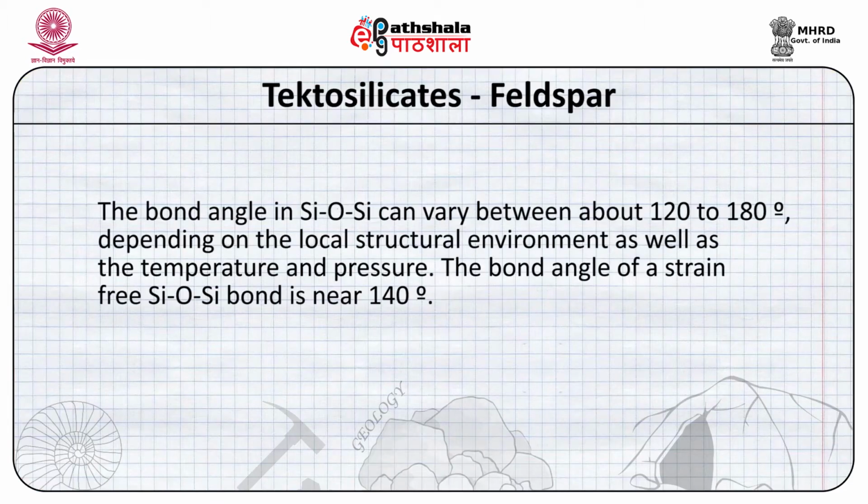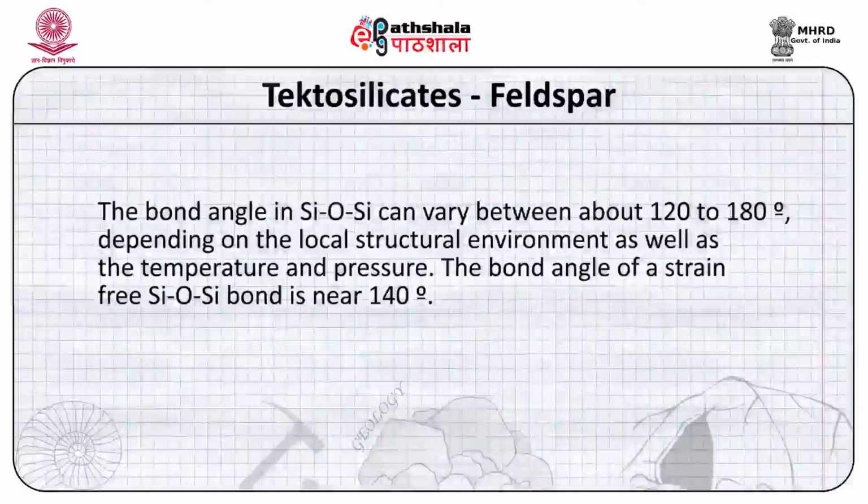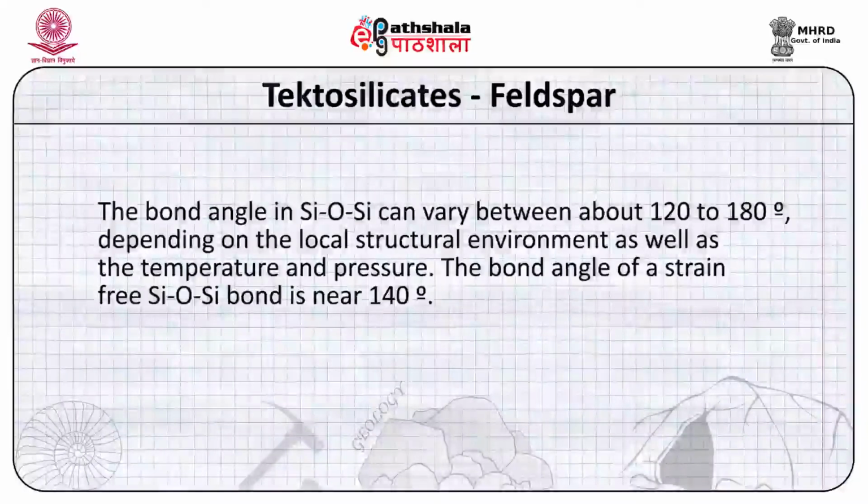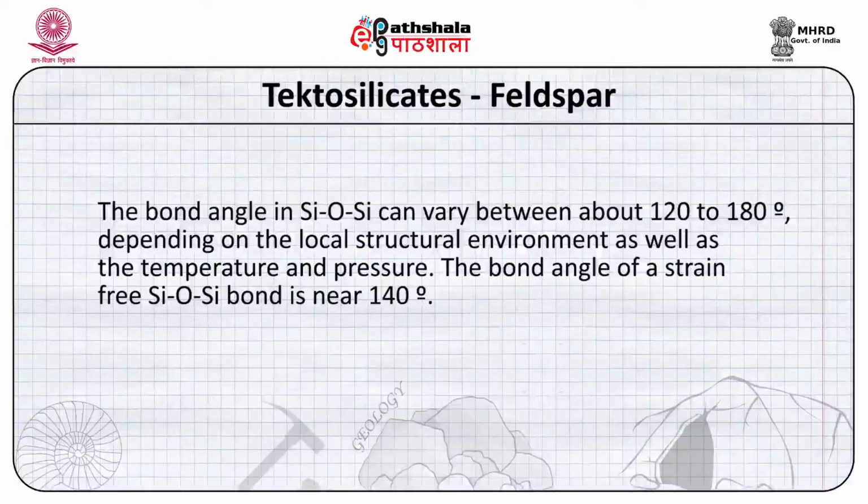If the silicon and oxygen bond is without any strain, then the oxygen-silicon-oxygen bond angle is 140 degrees. However, if this is not so, that is, if there are other cations which change this bond angle, then this bond angle can vary between 120 to 180 degrees.